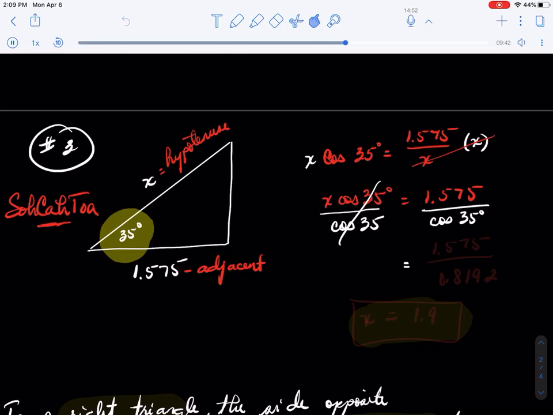Cosine of 35 should give me 0.8192. So x should be 1.575 divided by 0.8192, which gives me 1.9. They asked me to round to the nearest tenth, so it's 1.9.